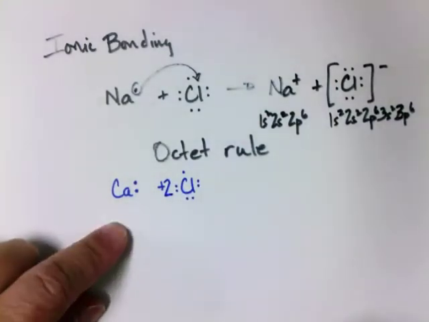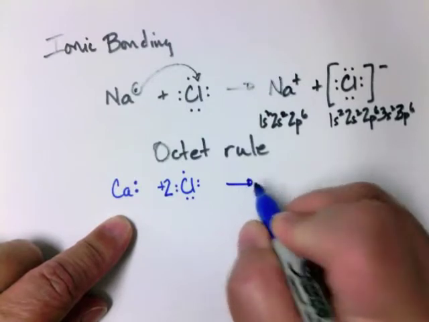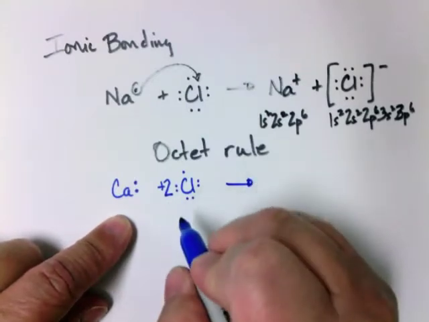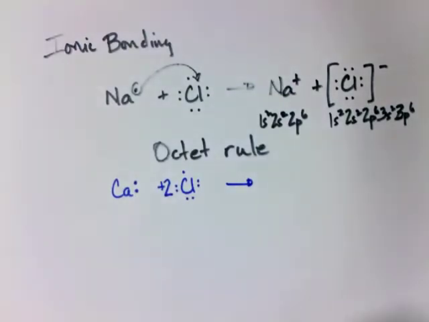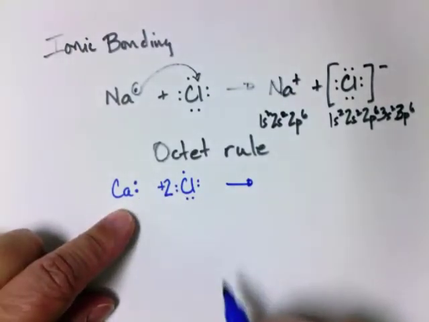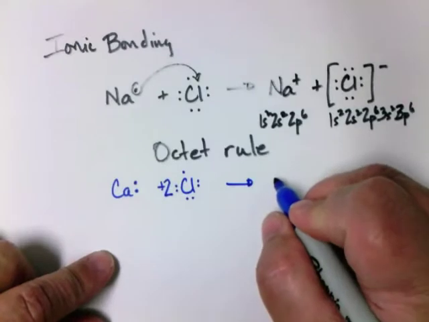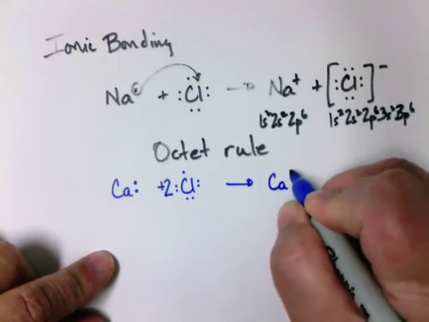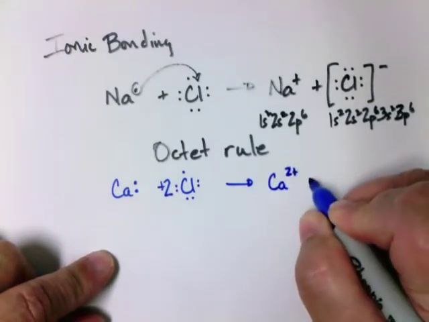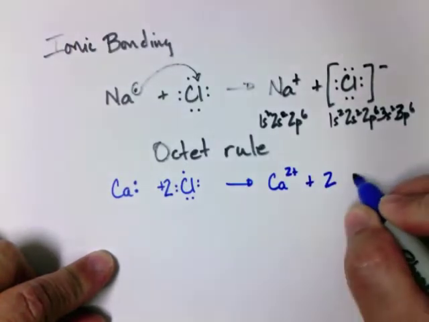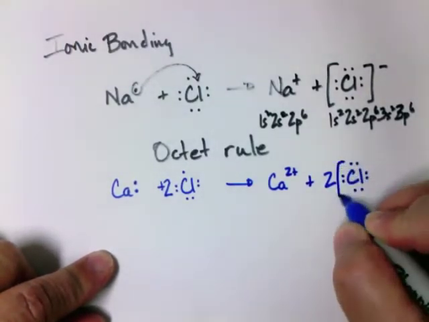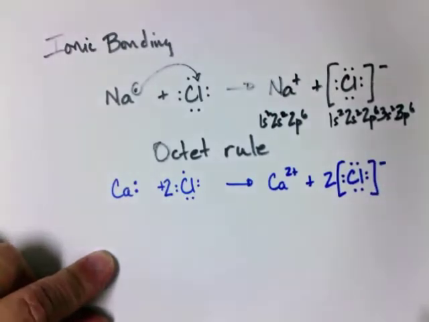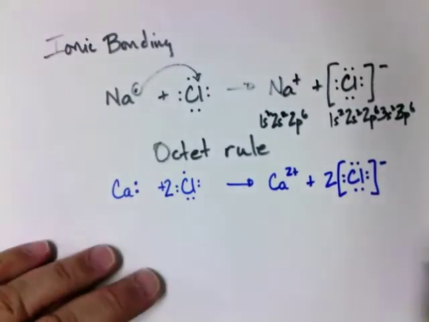And so one electron from calcium will go to one chlorine atom, and the other electron will go to the other chlorine atom. And so what we end up with is calcium 2 plus and 2 of the chloride ions. And of course that gives us CaCl2.